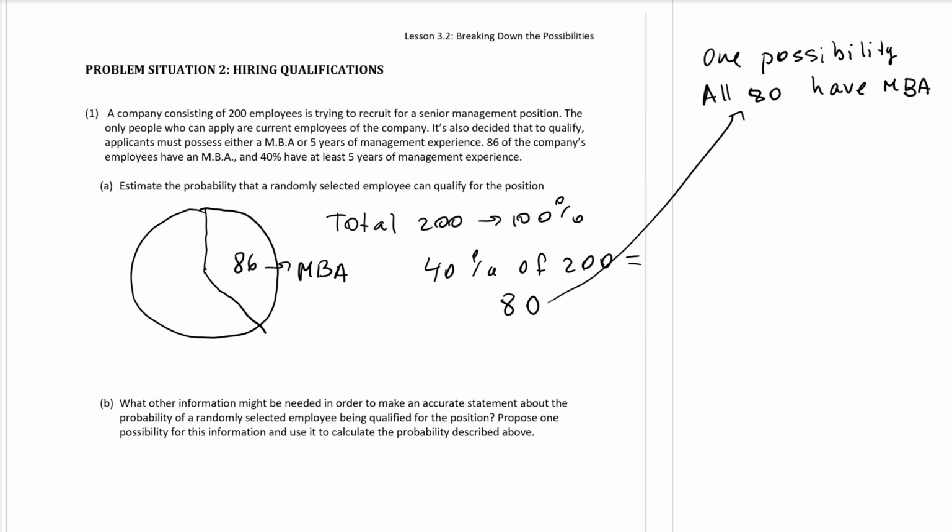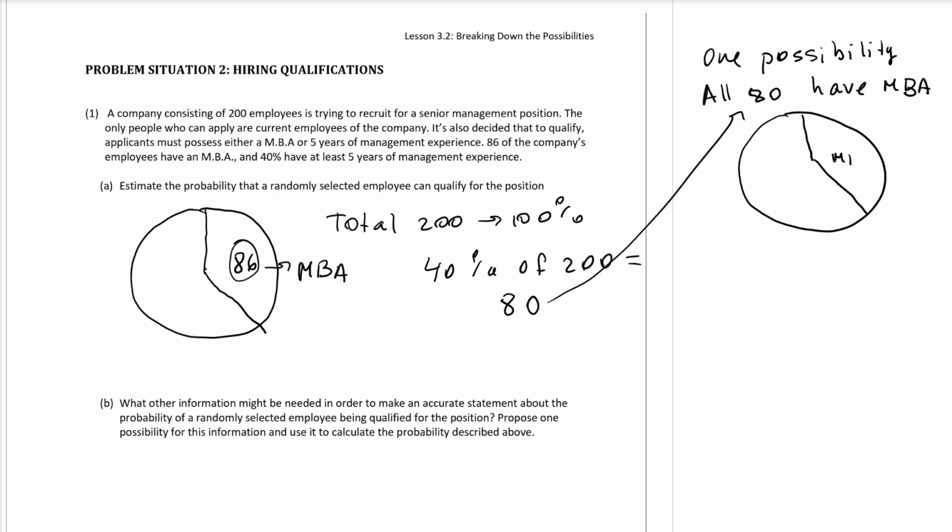That would mean all of these 86 will have an MBA, and 80 of them also have the management experience, so our circle is just going to be like this. You see? That's what I'm saying with the overlap.